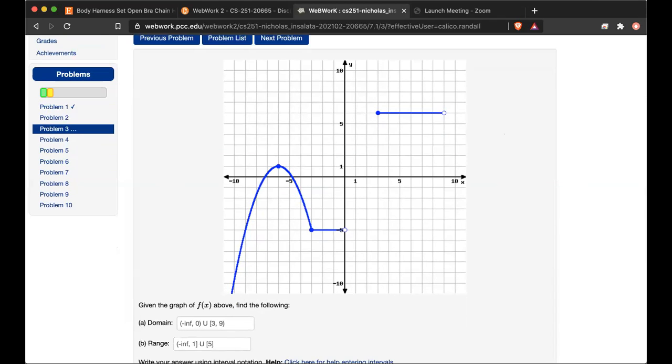All right, perfect. And so you're wondering about that second part and how to use union, is that right, on the range?